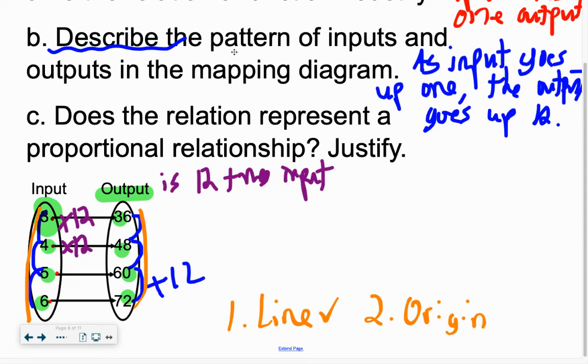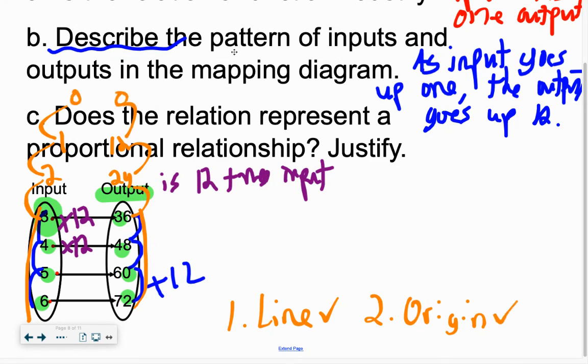Now, I don't see it graphed. You could graph it. I don't see the point 0, 0, or the origin, but let's go backwards. What would the previous point be before 3? It would be 2, and the previous point before 36 would be 24. Go back again, you get 1 and 12, and back again, and you get 0 and 0.